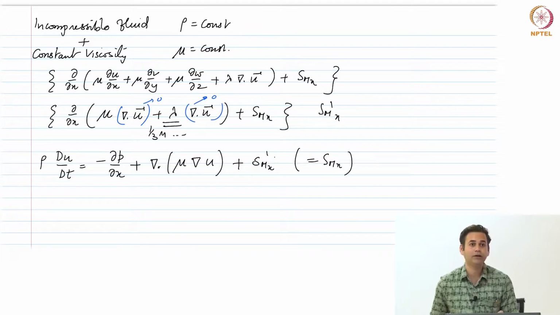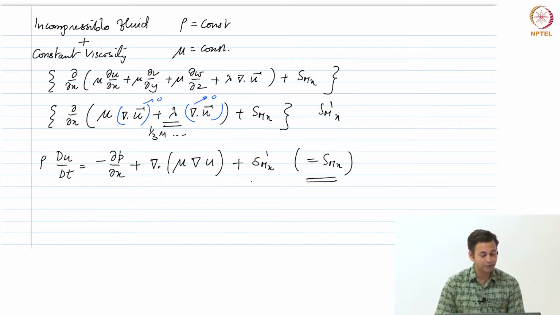So even if I sometimes leave out the prime, do not get confused, it is the same as Smx, whatever is brought about by the body forces. So this is for incompressible fluid with constant viscosity. Now the equation looks much nicer, much more pleasing. So we can probably work with this rather than with the previous gigantic expressions we had for the shear stresses.